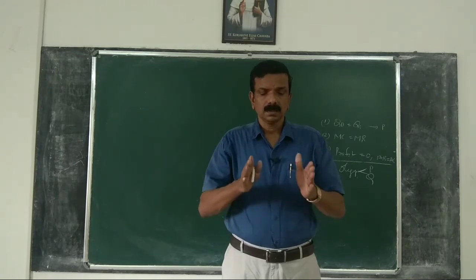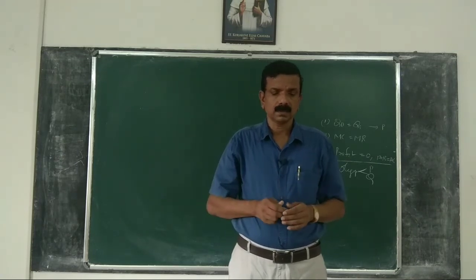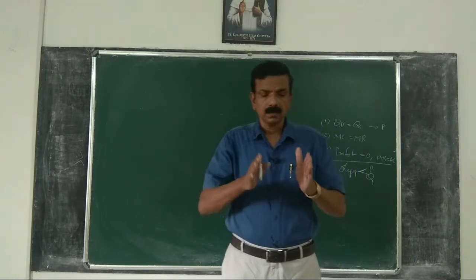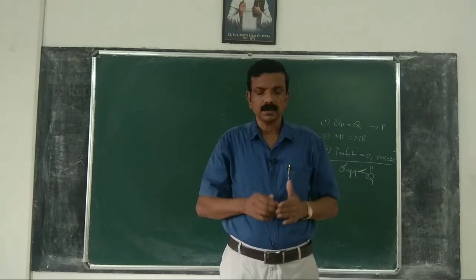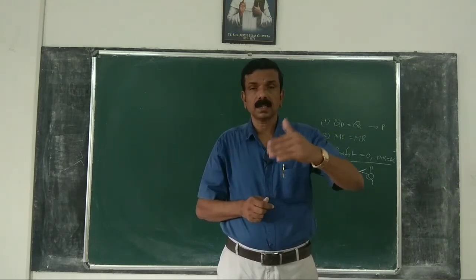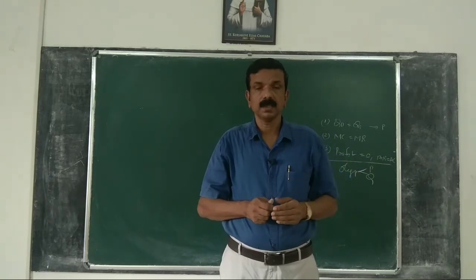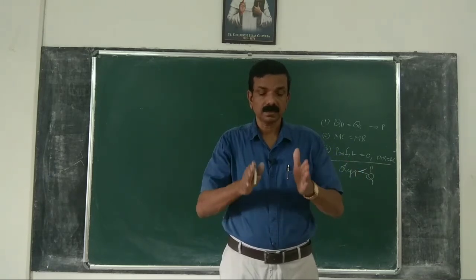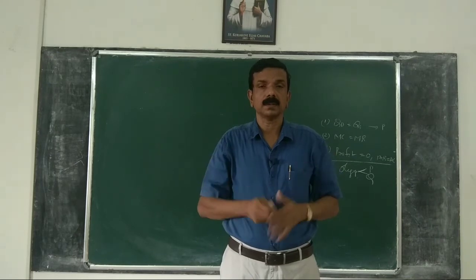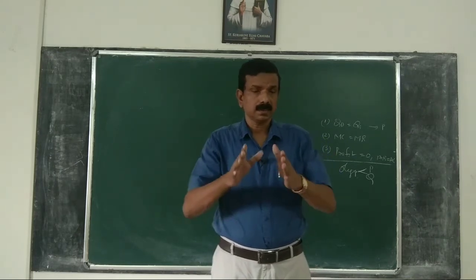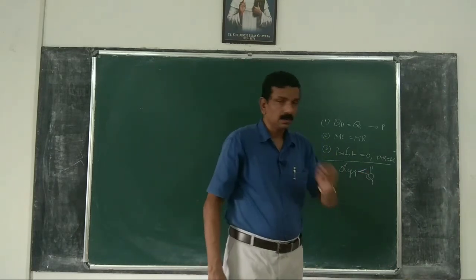Now, given this, the question is, how can we figure out what the market price and output will be in equilibrium, or whether there will be an equilibrium at all?